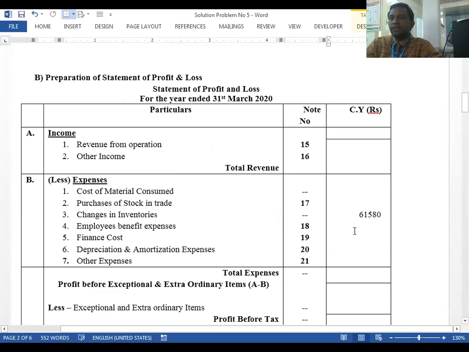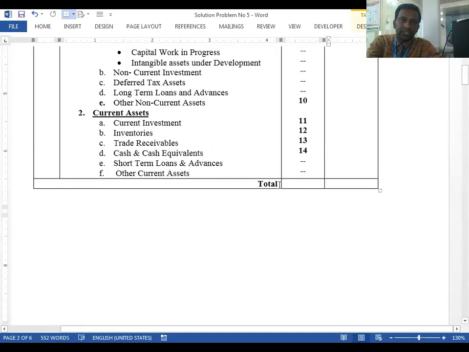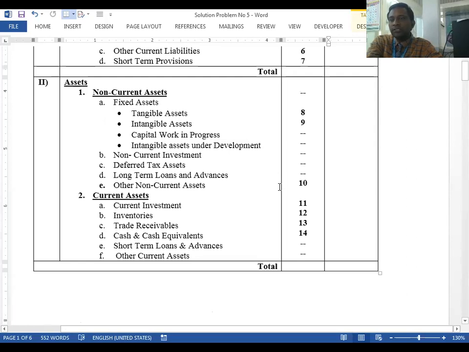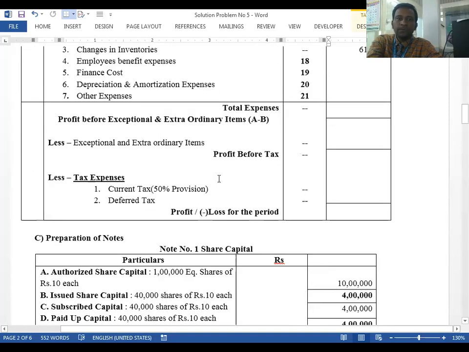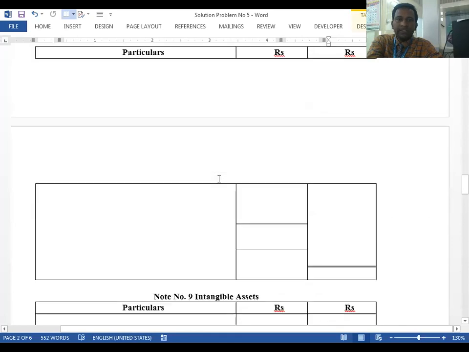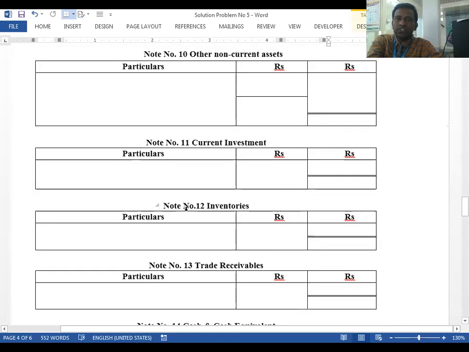Similarly, the closing stock has two effects. One effect we already took in the change in inventories, and the second effect is that closing stock is transferred to the asset side, under inventories, for which we have a separate note. Inventories, notes number 12.